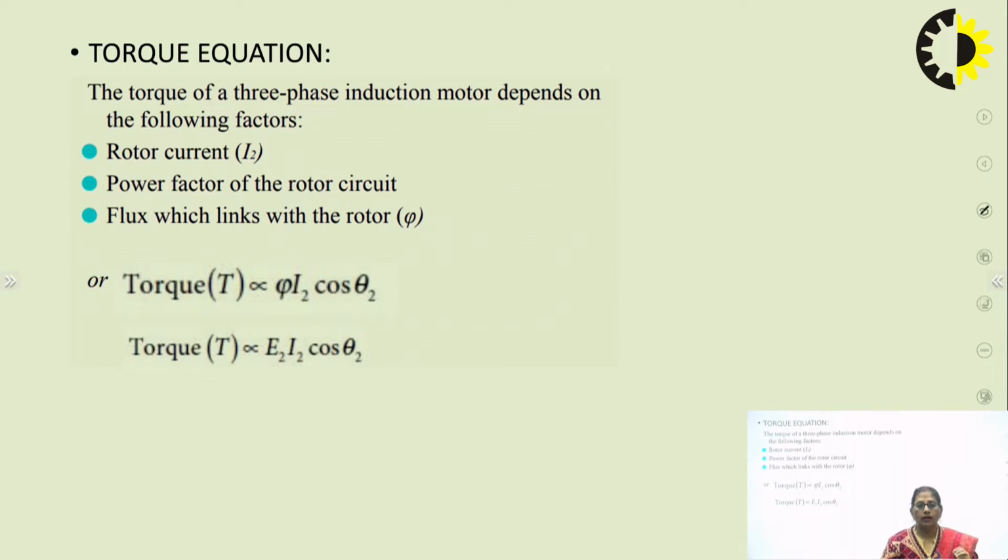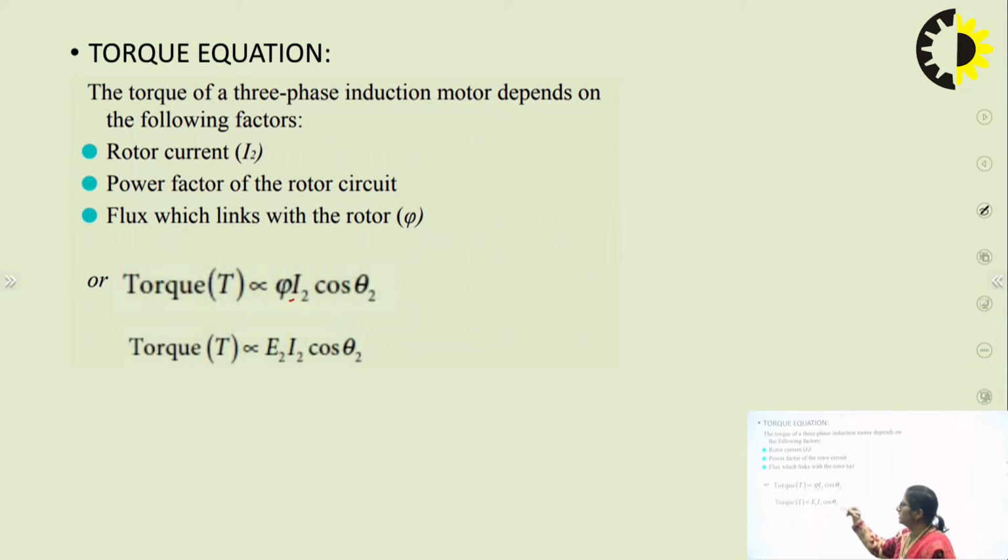And the third is the flux which links with the rotor. So the torque is proportional to the flux, I2R and cos phi 2R, and both of these are in running conditions.